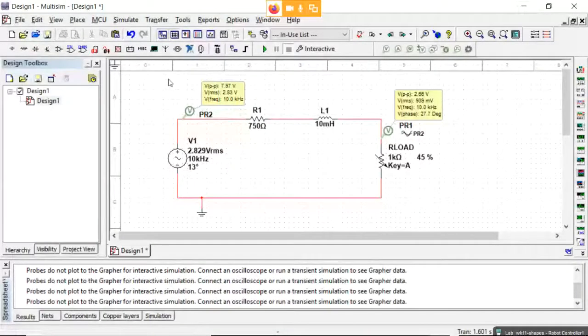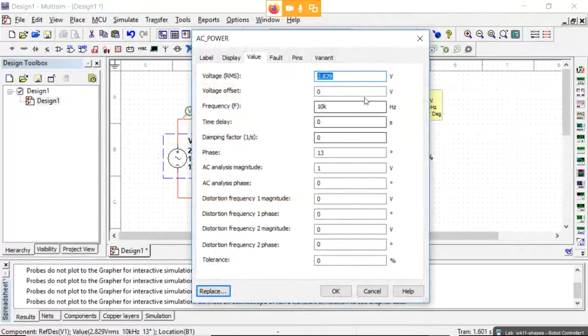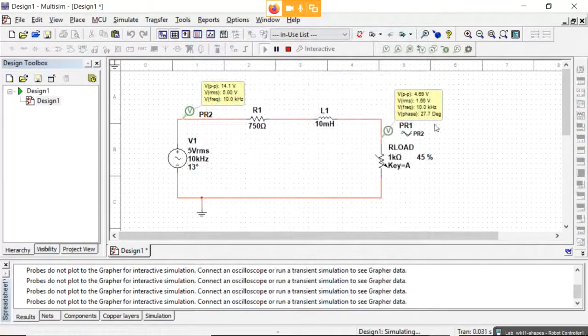And so using the Multisim, what you're going to have to do is just every time you need to change a value, if you need to change a resistance, or you need to change a voltage or something, you just stop the simulation, change it, make it some other value, and then rerun the simulation.